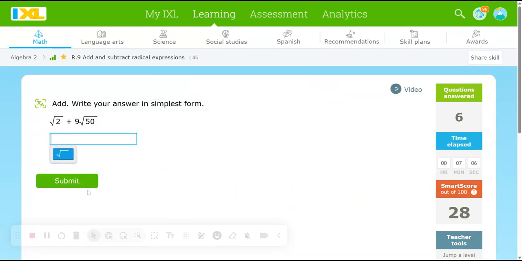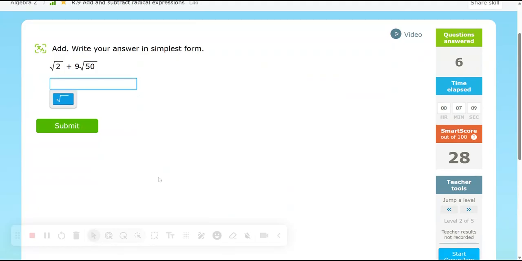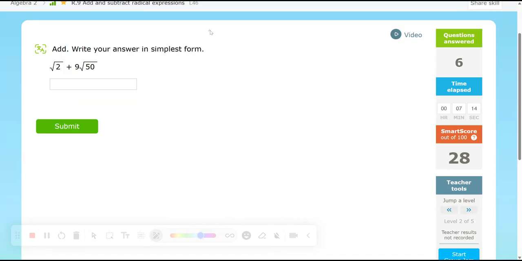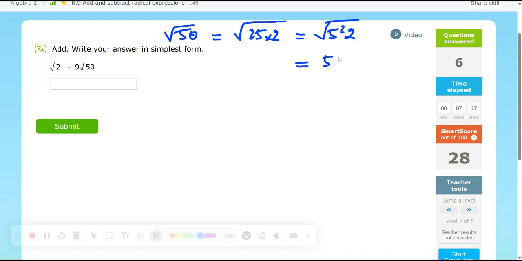Okay, let's do a couple more and then we can go back to the paper. So look at your paper. Square root of 50. 50 is 25 times 2. We need a perfect square, so we simplify. 25 is 5 squared, so now I can take 5 outside. So instead of square root of 50, you can put 5 square root of 2. Now let's put them together here: 9 square root of 50, but instead of square root of 50, I put 5 square root of 2.